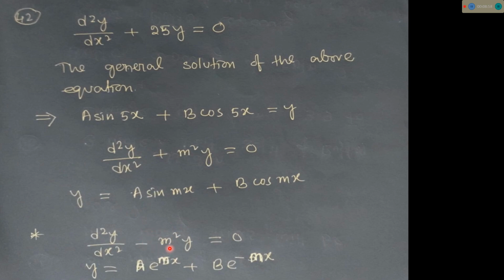So this is a constant term. In that case, the general solution of this differential equation will be y equal to a e to the power mx plus b e to the power minus mx.